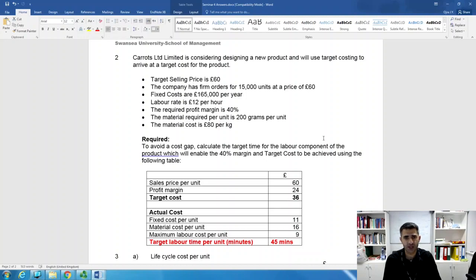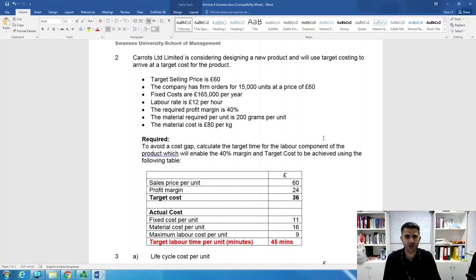Okay, but it doesn't give you how much time per unit. Thus we might struggle with this, right? The required profit margin is 40%, and the material required per unit is 200 grams. The material cost is £80 per kilogram.